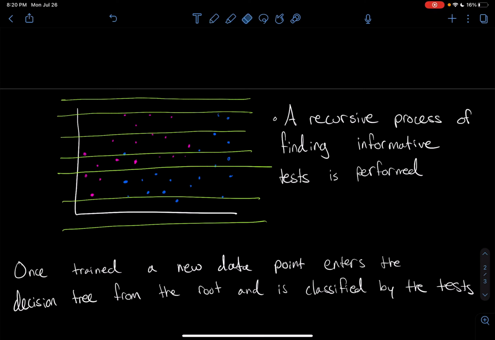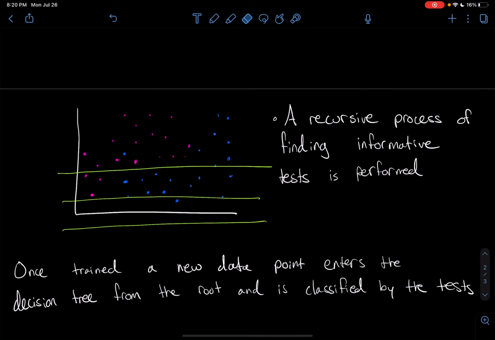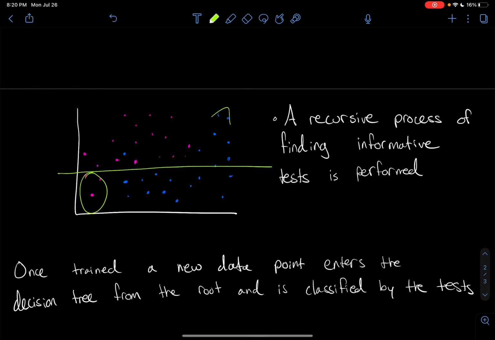Well, if we look, we'll see that this line right here is probably the one that can separate the blue class from the pink class as best as possible. So let's leave that one. Now we also see that this isn't perfect. There are still a couple of pink nodes below and a couple of blue nodes above.